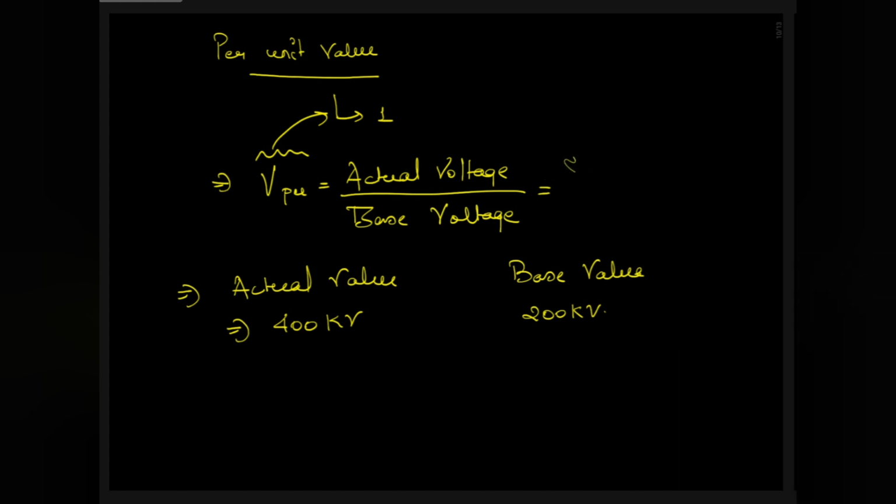It will be 400 kV divided by 200, or this will be equal to 2 per unit.